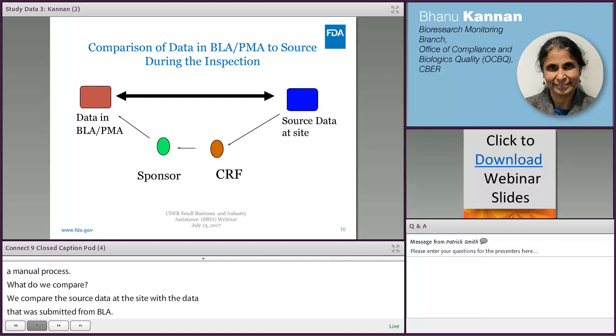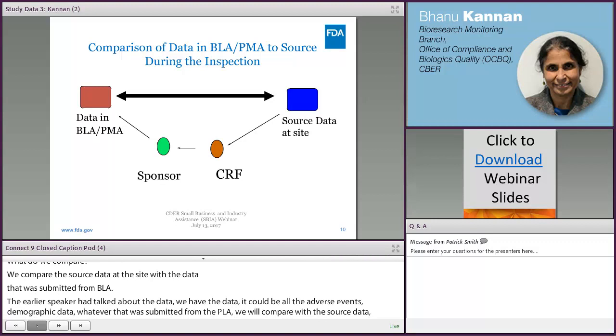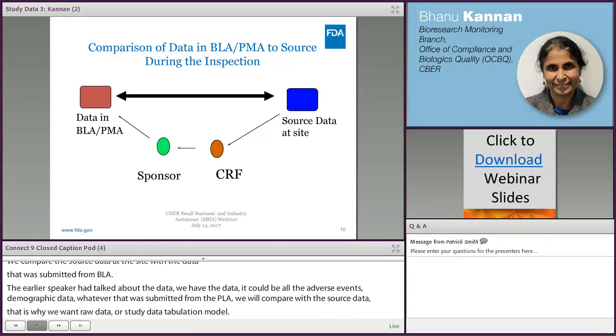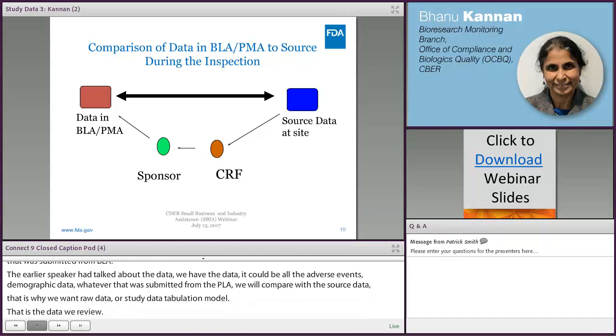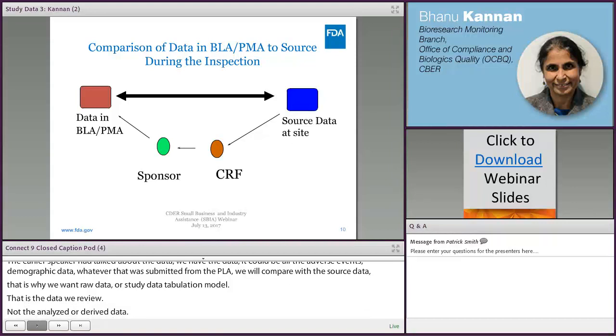So that's why we want raw data, or the study data tabulation model, SDTM data. That's the data we review, not the analyzed or derived data, which is the analysis data model, ADaM data, because we are comparing the raw data at the clinical site.